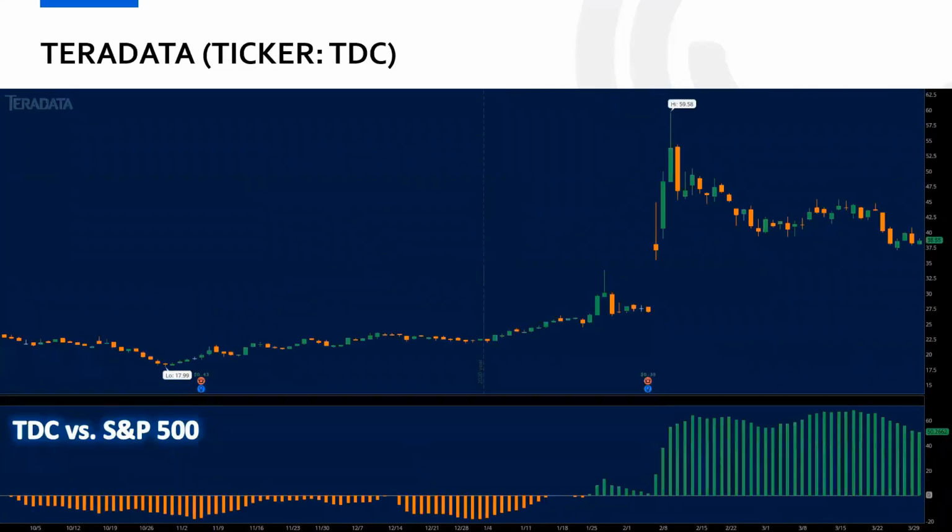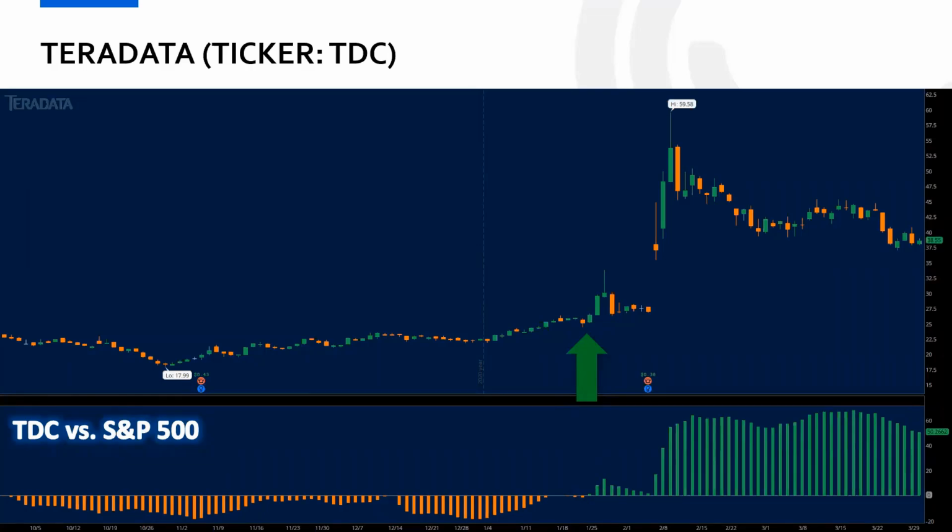Now let's look at another one, Teradata, TDC. Okay, so October, November, December of 2019, you'll see the stock was just kind of moving flat. It was fluctuating between around $18 a share up to somewhere in the neighborhood of $23, $24 a share. But then again, something interesting happens in the beginning of 2020. The stock starts to outperform the S&P 500. Now, remember in 2019, the S&P 500 was on a tear.